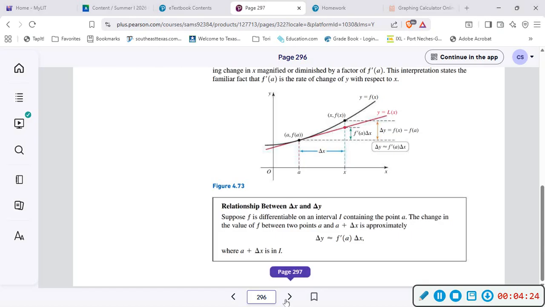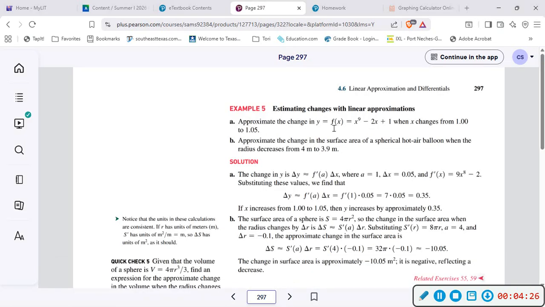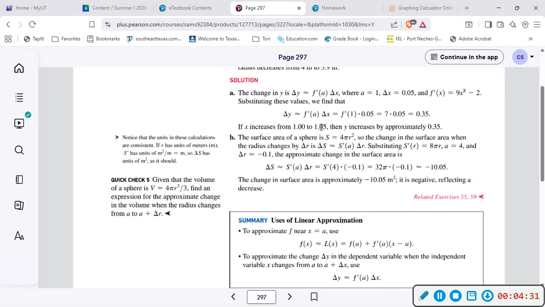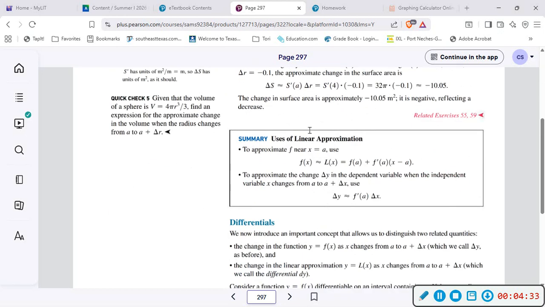And then again, here are examples using that formula, approximating it, and then this is just a basic summary, again referring us to the linear approximation formula, and then here is how to approximate the change in y when the independent variable changes from a to a plus x. You can use that.